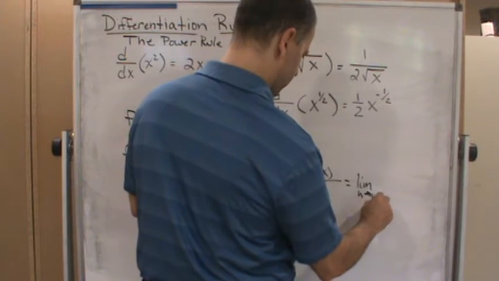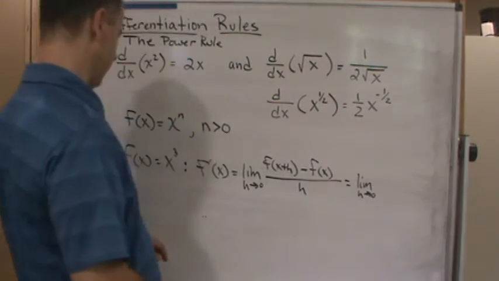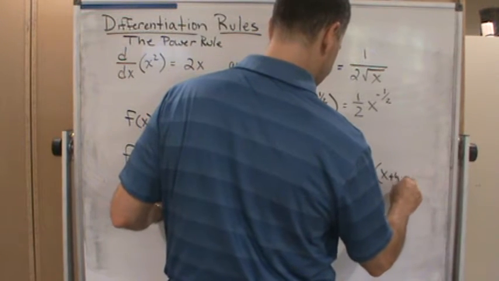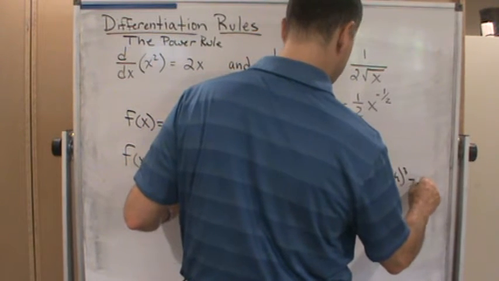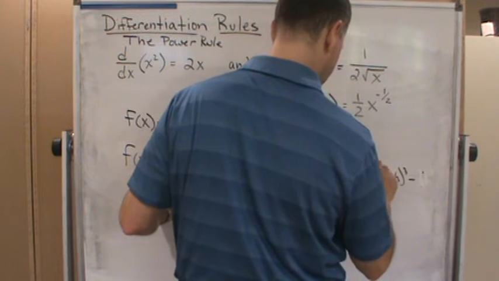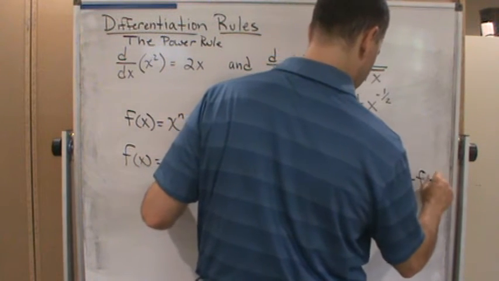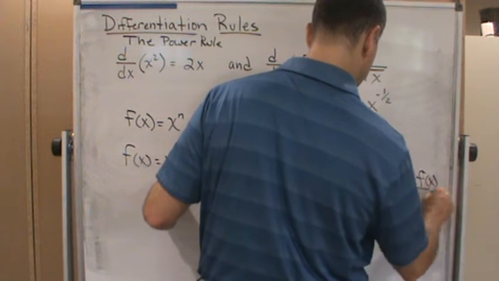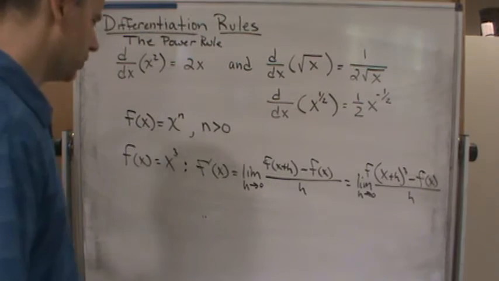And so now if I just apply this, I get the limit as h approaches 0 of x plus h cubed minus f of x over h.